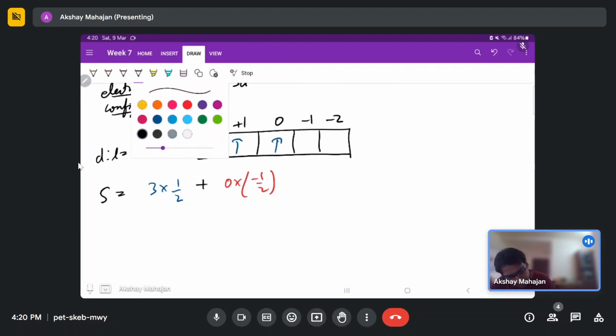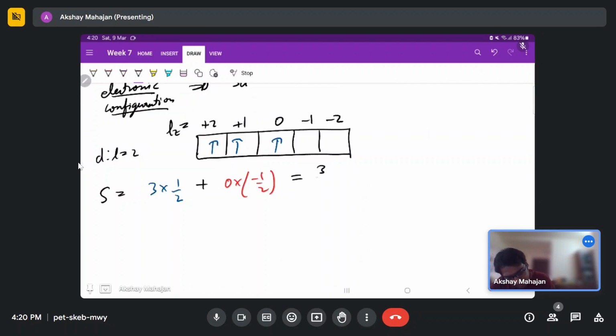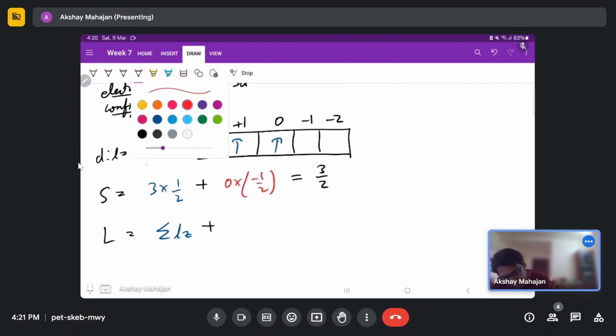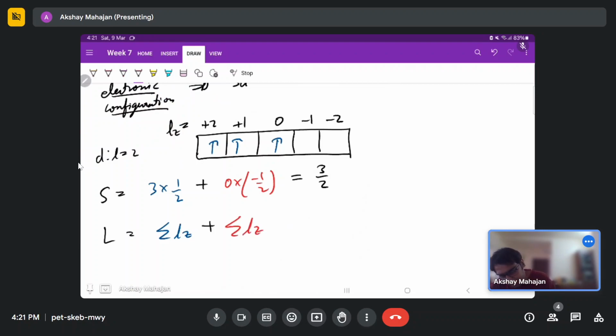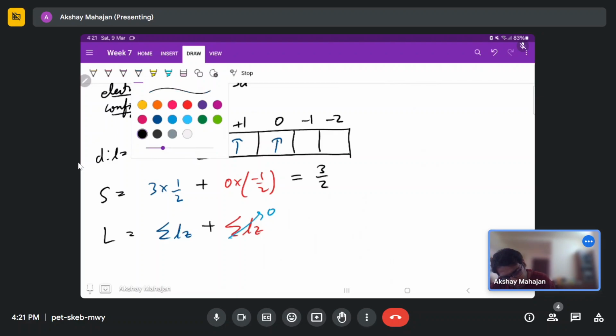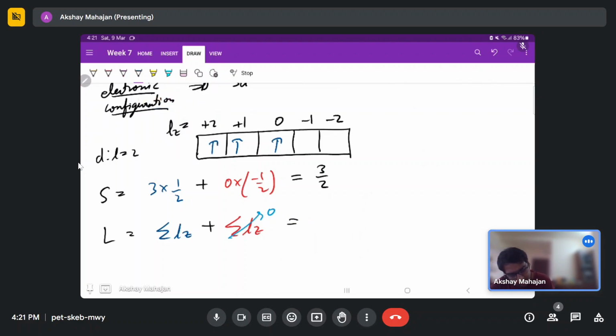So our S value here comes as 3 by 2. L is summation of Lz for the spin-ups and summation of Lz for the spin downs. We don't have any spin down electrons, and that will be equals to plus 3 here.